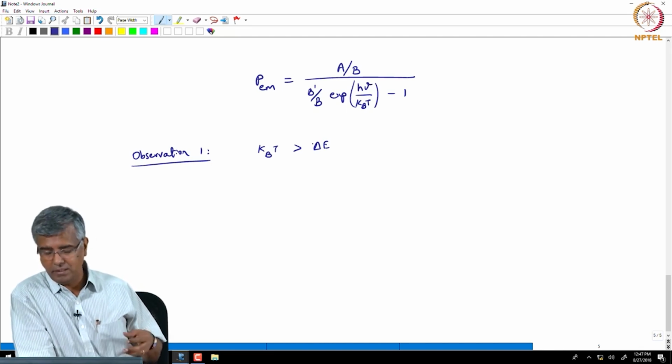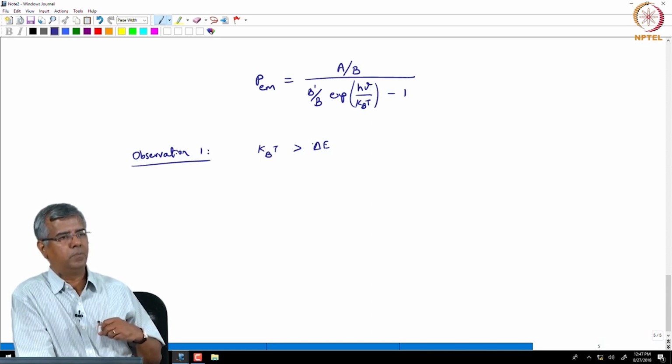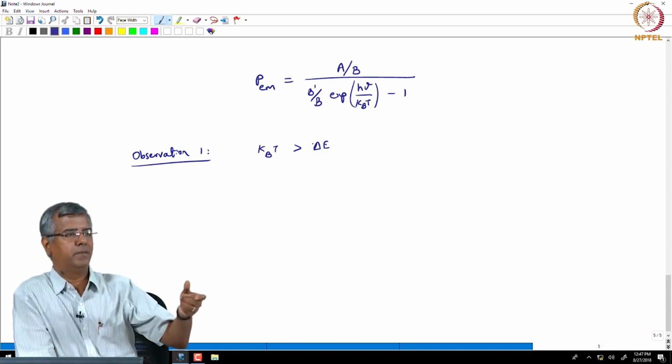So, what do we have in this case? In this case, there is actually equal probability maybe that an atom can exist or an electron can be in this energy level or that energy level.